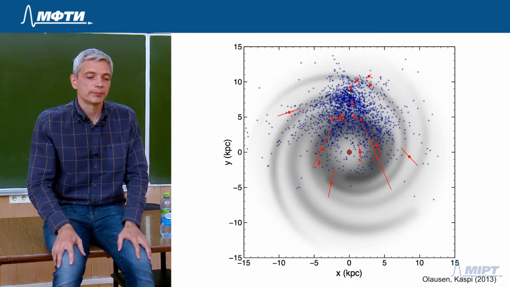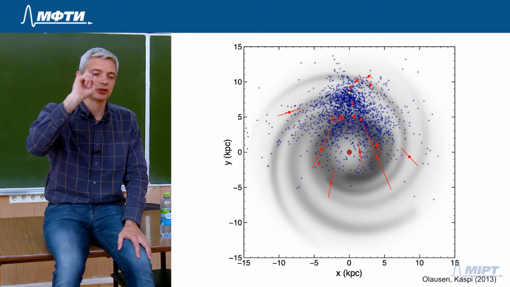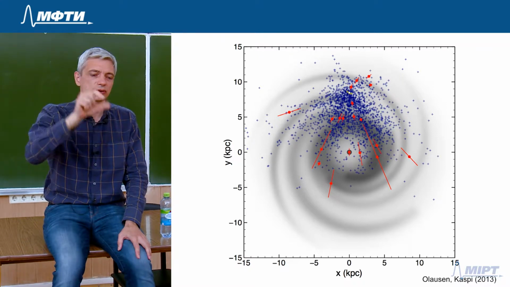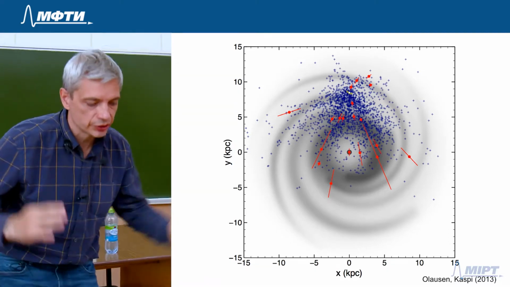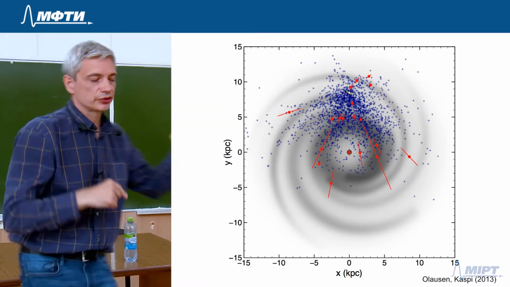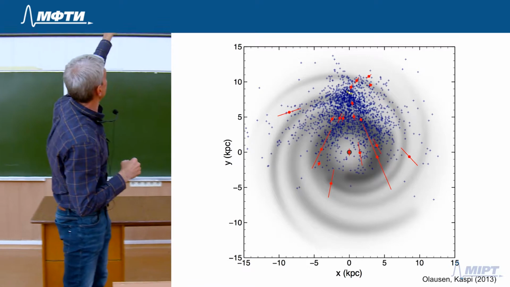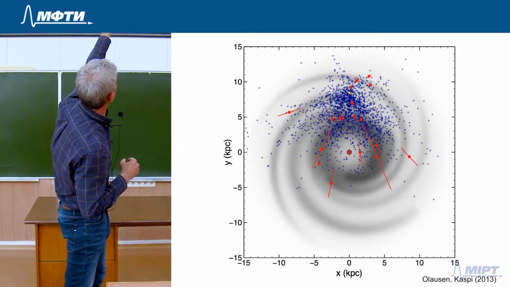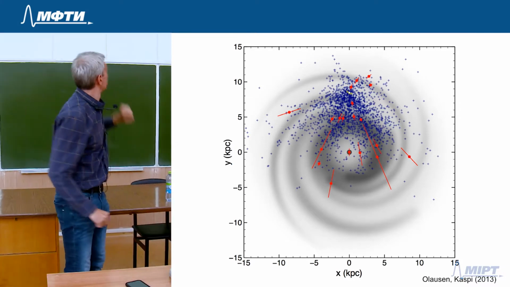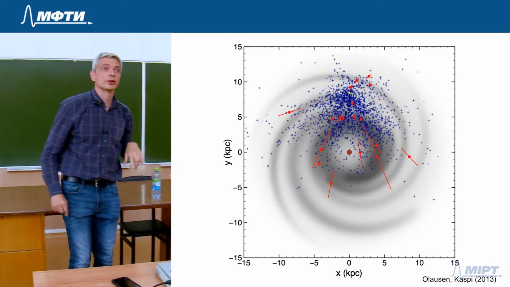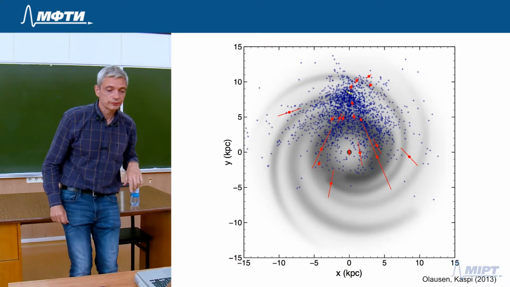The position along the line of sight is usually not so well measured, so you can see big error bars along the line of sight. Of course, you can see where all these lines point, that's the location of the sun above the center. You can barely see it, but I think it's a yellow cross there, 8 kiloparsecs away from the center of the galaxy.